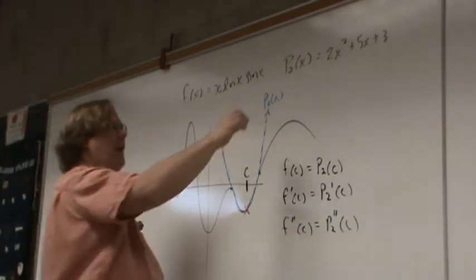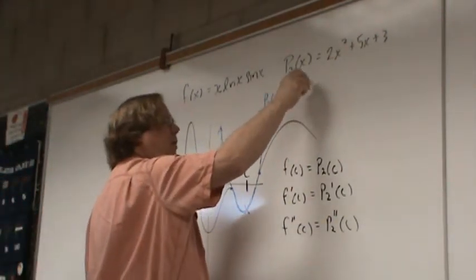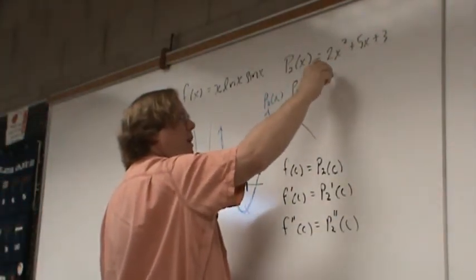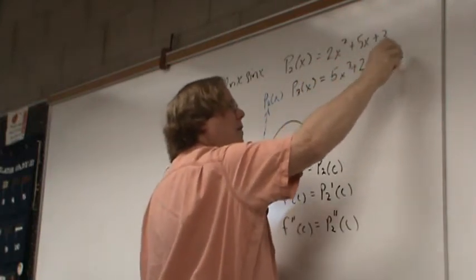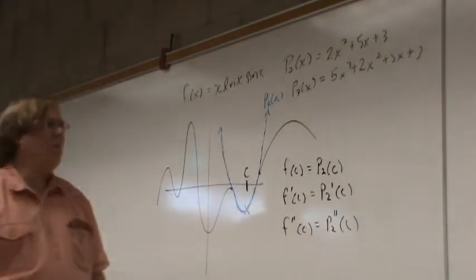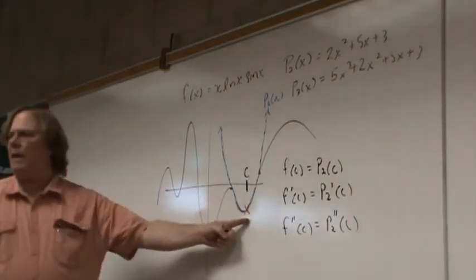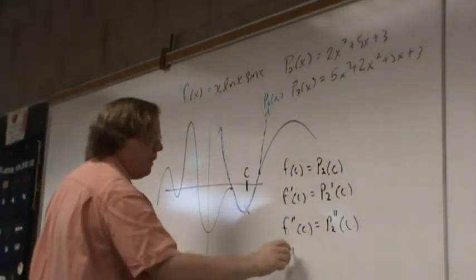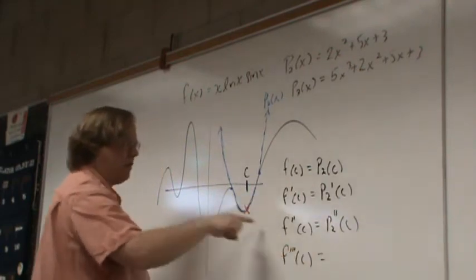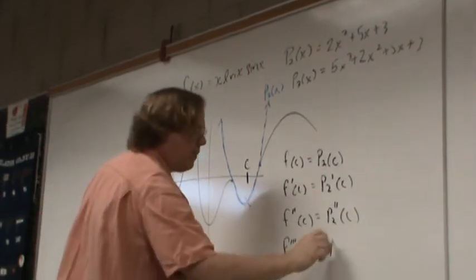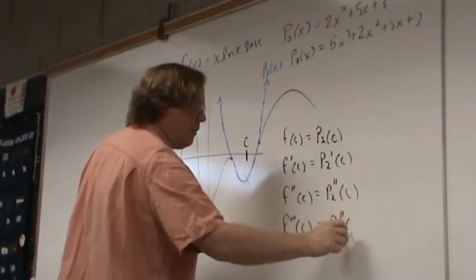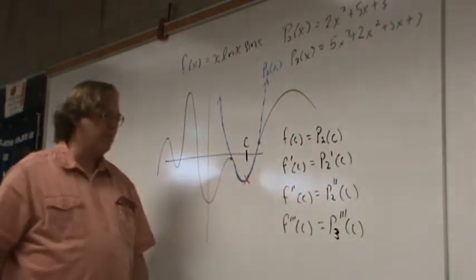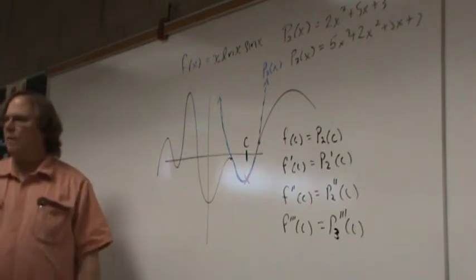Let's say I wanted a third degree approximating polynomial. Then I also have to make sure that the third derivative of my weird function evaluated at C equals the third derivative of my approximating polynomial, P3, evaluated at C, and so on.